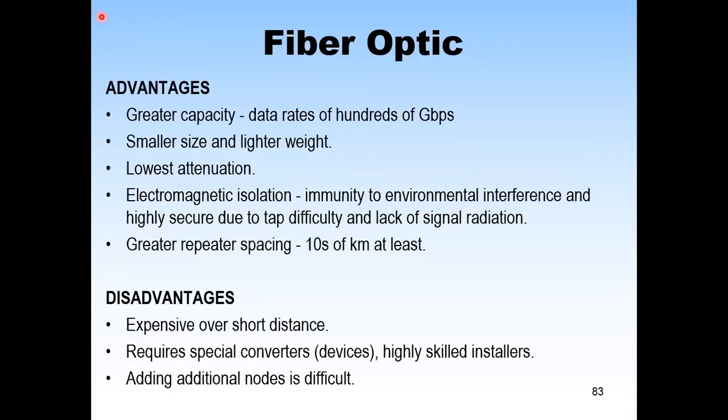Advantages: great capacity, data rates of hundreds of Gbps, smaller size and lighter weight, lowest attenuation, electromagnetic isolation, immunity to environmental interference, and highly secure due to tap difficulty and lack of signal radiation.